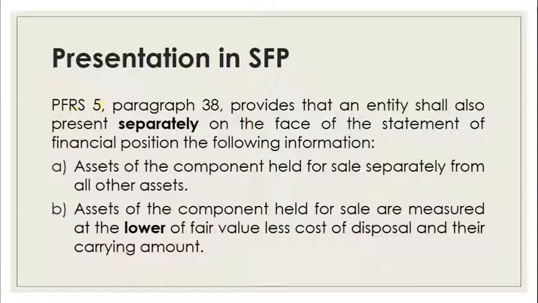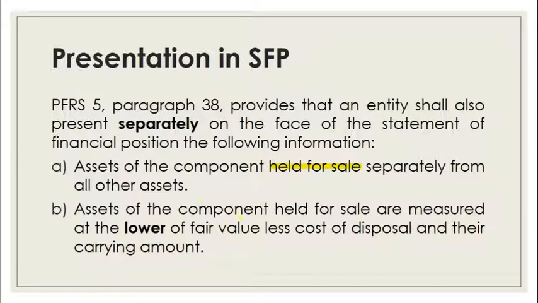Now, you have the presentation in the SFP. PFRS 5 provides that the entity shall also present separately in the face of the financial position the assets of the company held for sale, separately from all other assets. As I mentioned earlier, your HFS is a separate line item.